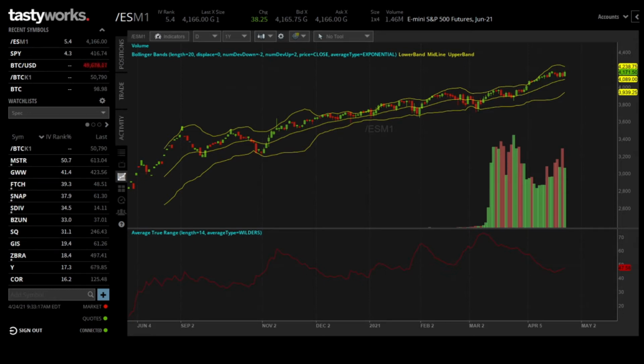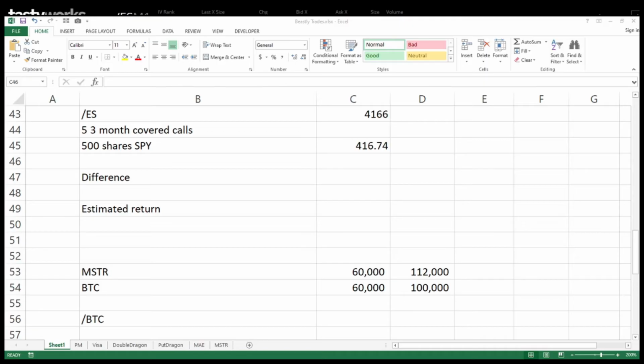So hopefully as we go along, it'll be easier to understand. So maybe if we pop back into the spreadsheet for a minute. Remember what I said, right now the S&P 500 future is 4,166. I'm gonna multiply that by 50 because that'll give you the full contract spec.